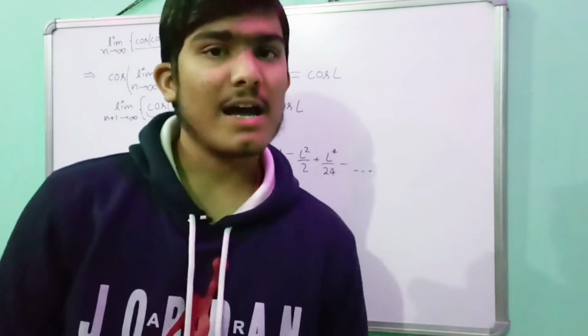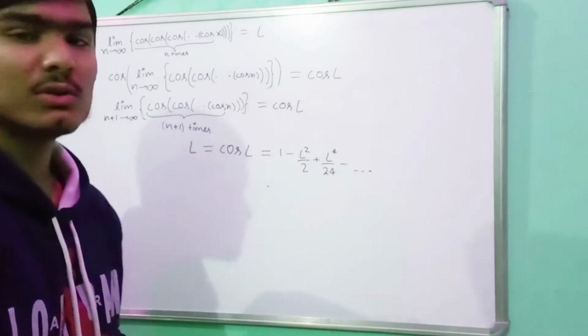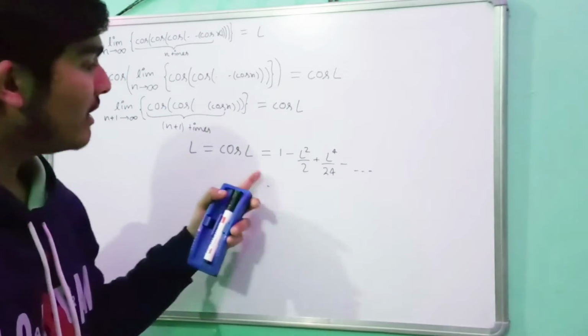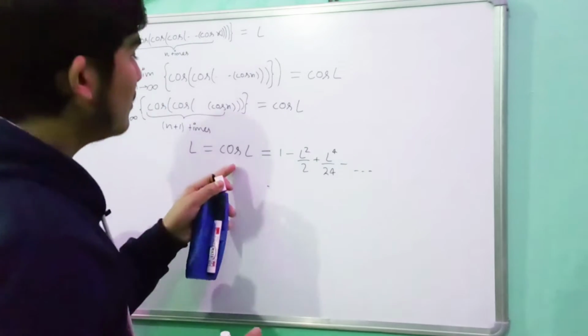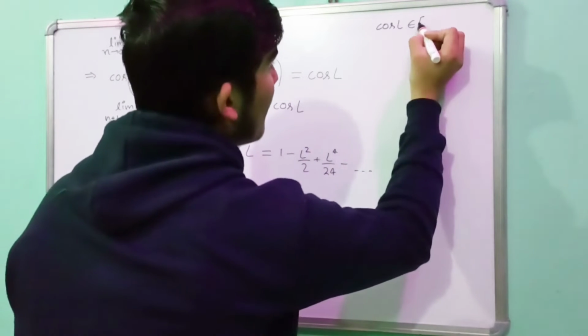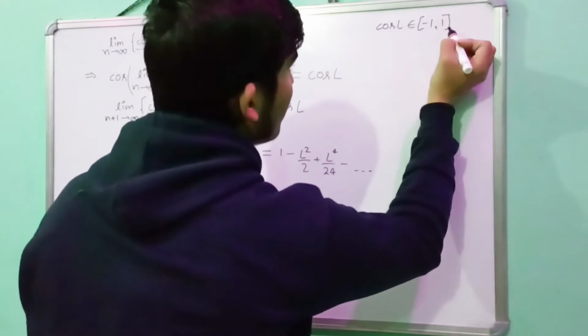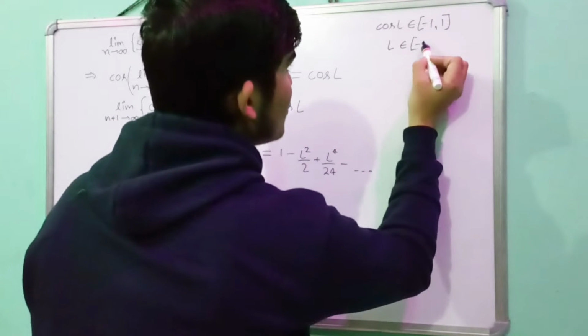But here's the catch: we have to find this limit which we have already assumed as L. So now we have to find L from here. What if we take a look at the range of L? We know that cos L belongs to -1 to 1, because cos L equals L, so L will also share the same range.